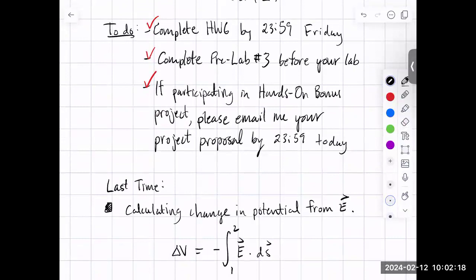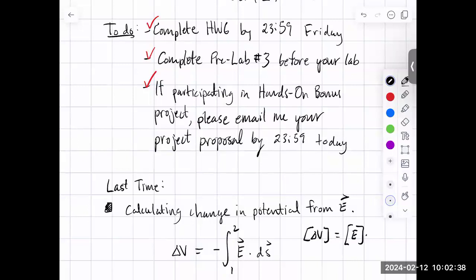So one thing we could do is we could figure out the units of electric potential from this expression. The units of delta V are going to be equal to the units of the electric field times the units of ds, these little displacements.